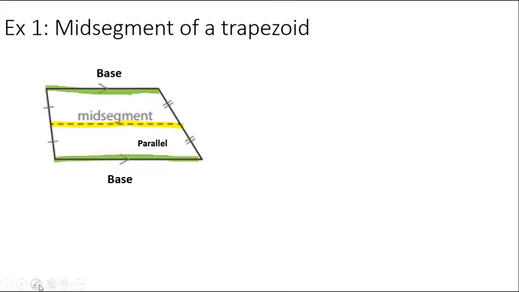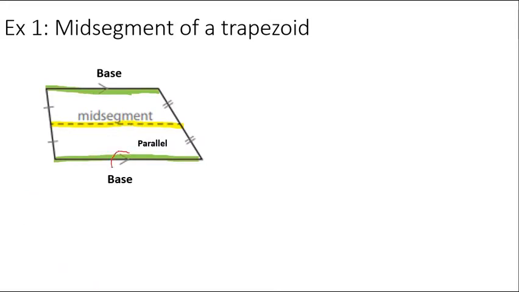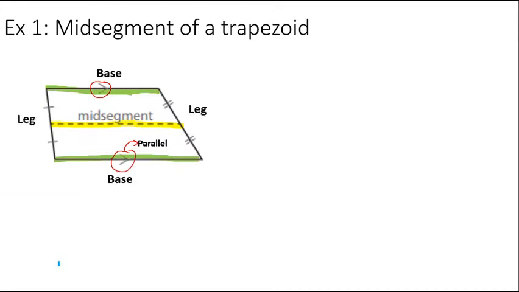And remember the sign right there means parallel. So same thing up here. And then the other two sides of the trapezoid are the legs. So this right here and this right here are the legs.